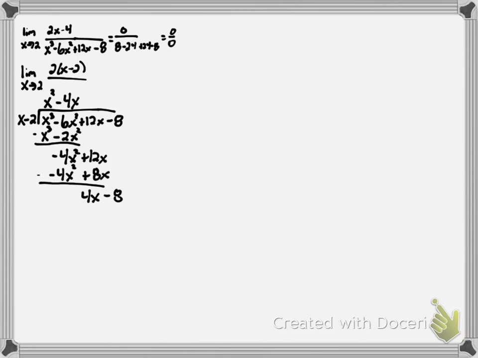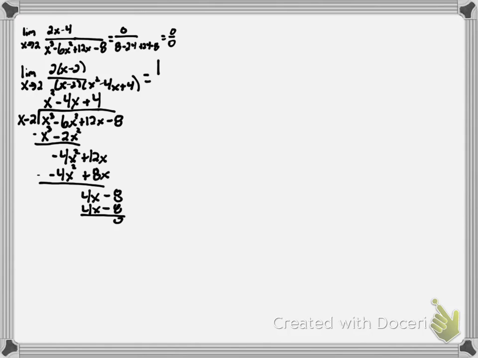It's going to work. X times 4 is 4x, so I would get 4x minus 8, and when I subtract, I get 0. So this tells me that my denominator factors into x minus 2 times x squared minus 4x plus 4. Notice I didn't actually need to know how to factor it, I just needed to know what I wanted it to factor into.